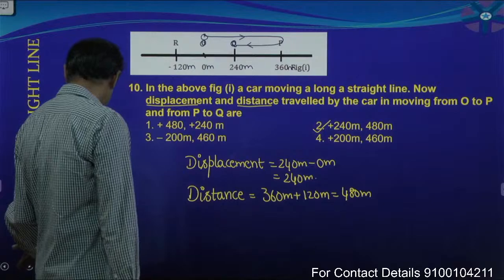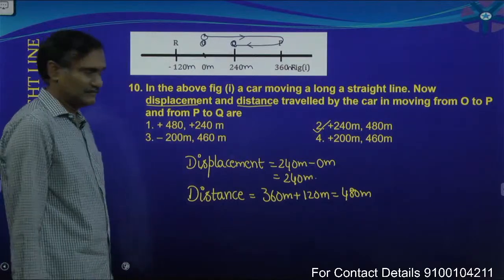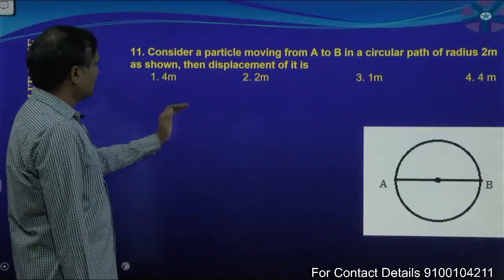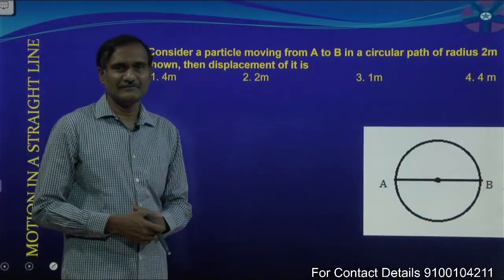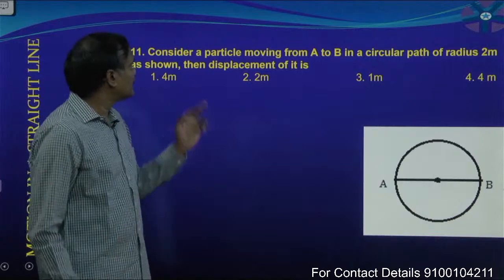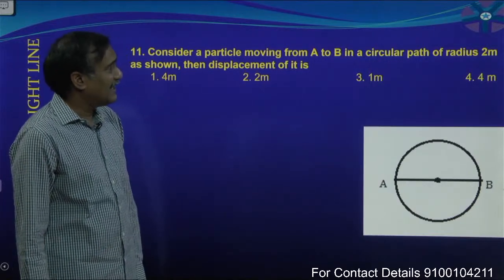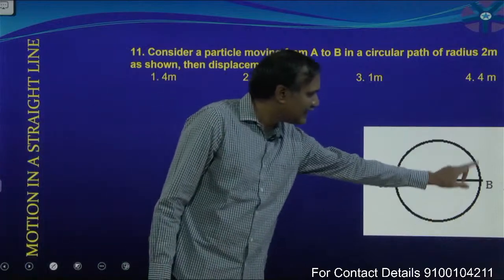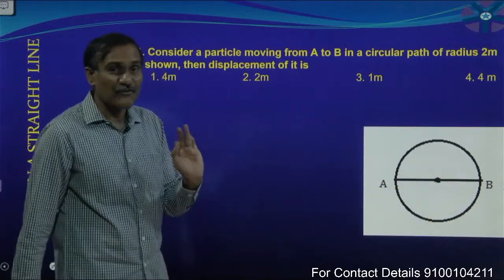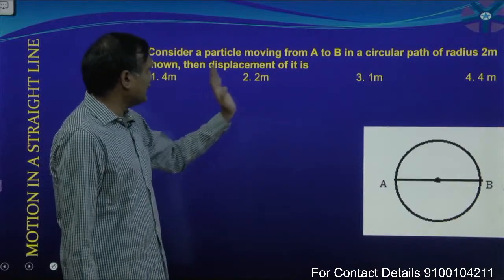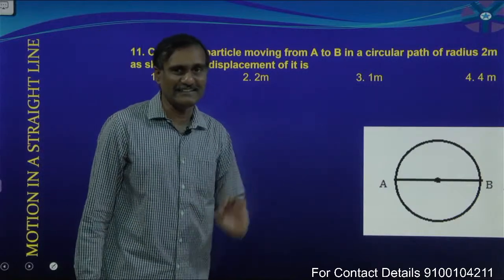Next one. Observe this. Consider a particle moving from A to B in a circular path of radius 2 meter as shown. Then the displacement of it is.